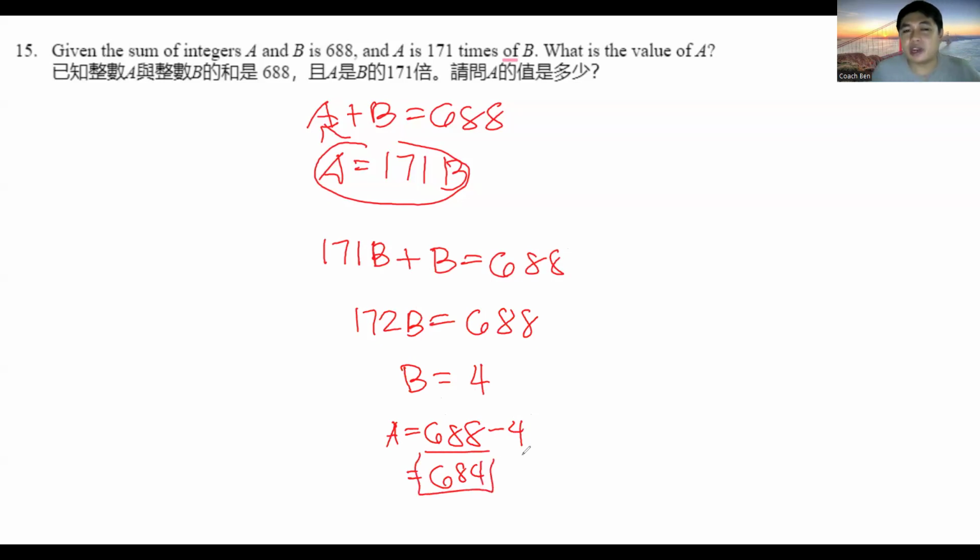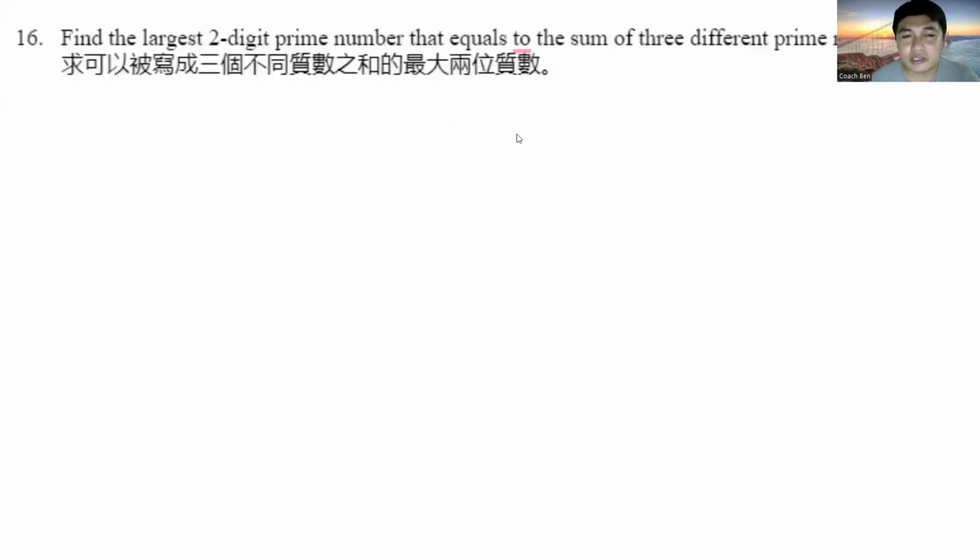Okay? So are there any questions for number 15? No. No, sir. Thank you. Okay, so yeah. Number 16: find the largest two-digit prime number that equals the sum of three different prime numbers.